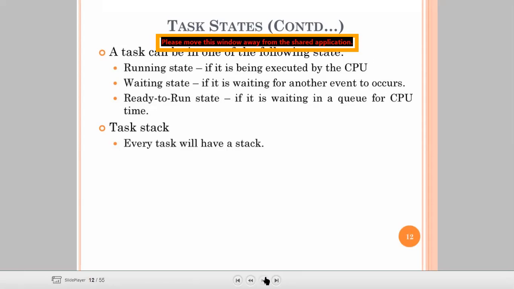The task stack function is always the same. Stack always works on the principle of last in first out. In that piece of memory we store the data of the currently executing program, and then it is loaded with the interrupt function. Once that interrupt function is completed, the results are returned. Again, it is loaded with whatever program was running earlier.